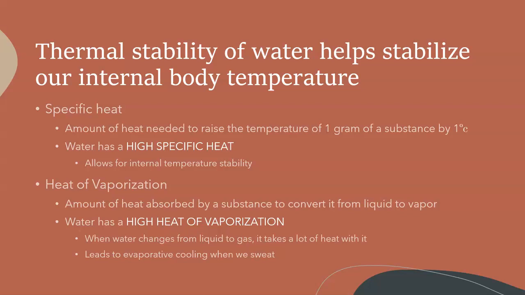Heat is energy, okay? Don't think of it as the temperature outside. We use those words interchangeably in colloquial language, like saying it's really hot today, but in science, heat is an energy that you need to put into something in order to raise the temperature of 1 gram of a substance by 1 degree Celsius. All you need to know is that water has a very high specific heat.